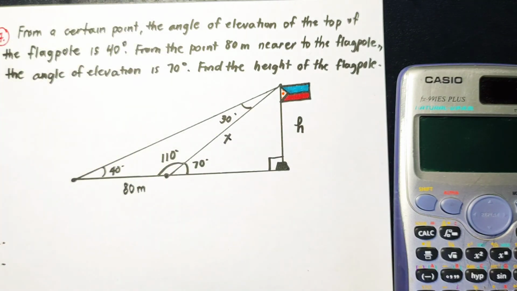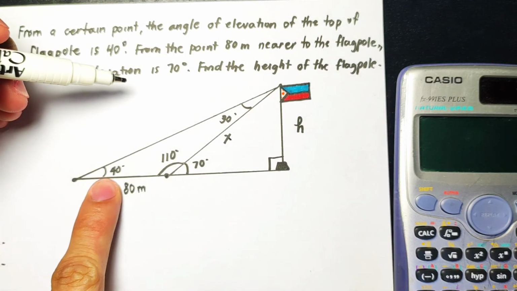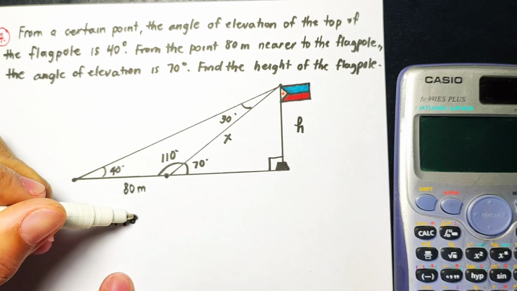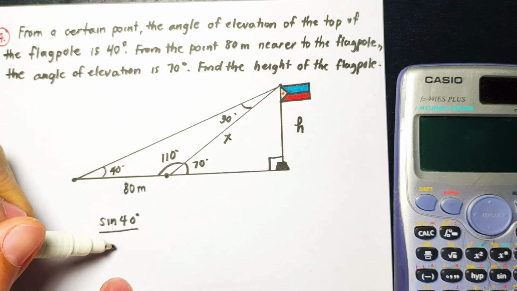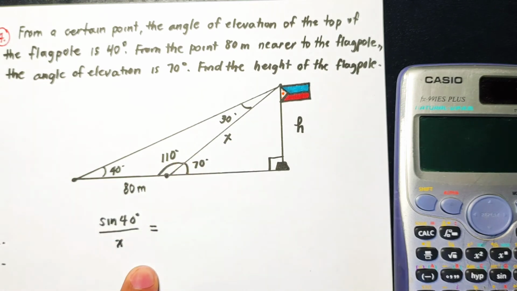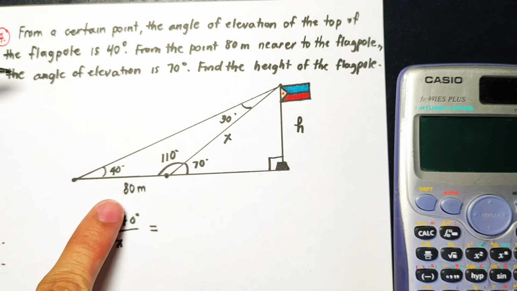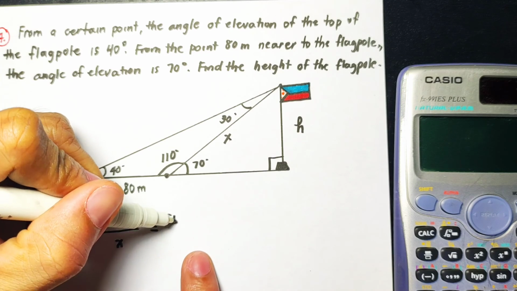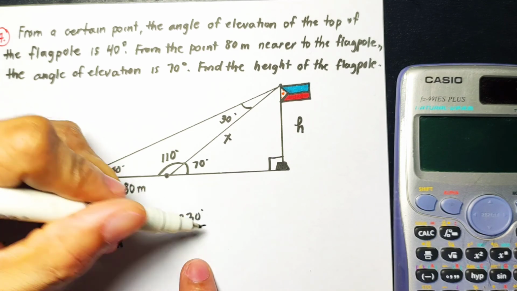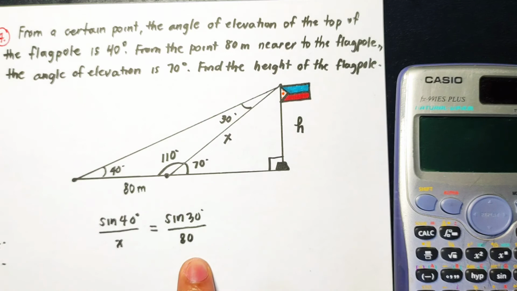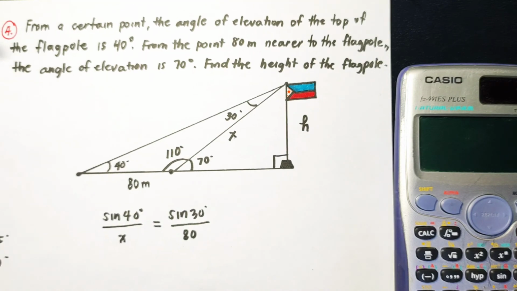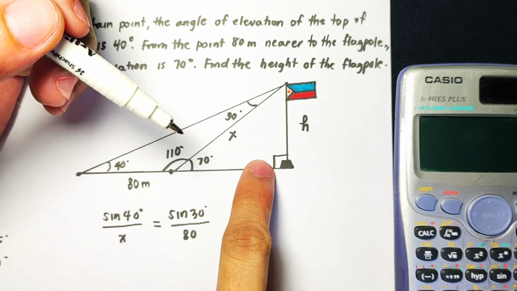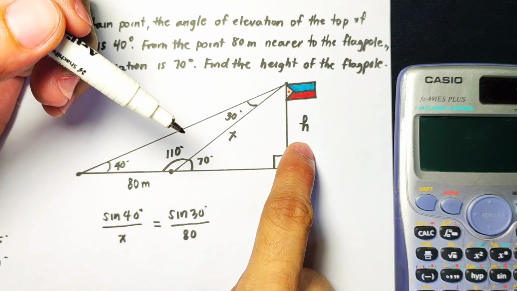Using the law of sines, sine 40 degrees over the opposite side x equals sine 30 degrees over 80 meters. Let us solve for x, and then apply it to find the height of the flagpole.